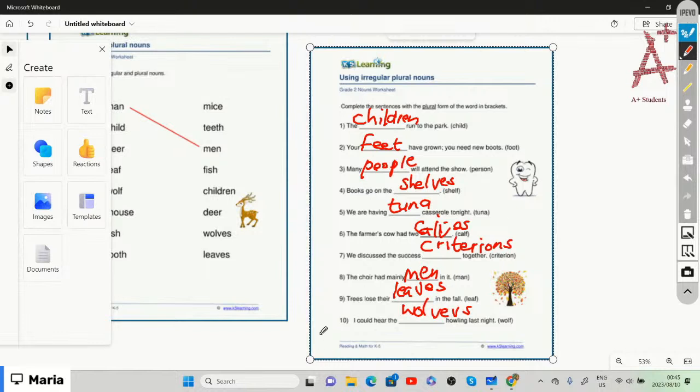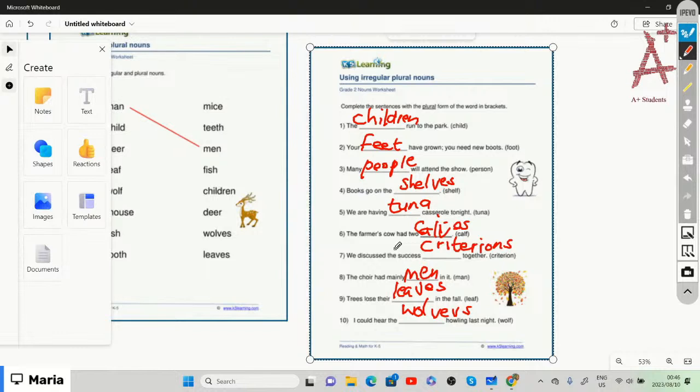And then we have the farmer's cows had two calves. And then we discuss the success criterion. So these are the criterion or criterions, maybe the criterions of working with a partner and so on. And then we have one man, more than one men.